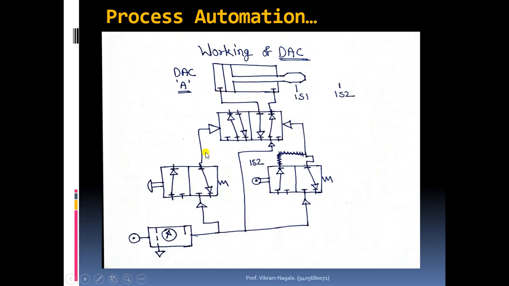So what we will do, we will just go step by step as per our requirement. Then for our requirement we will be connecting the components or the controlling valves. Once our circuit diagram or system is ready, we'll discuss whether there is any problem in the system or whether we are getting the output correctly or not.